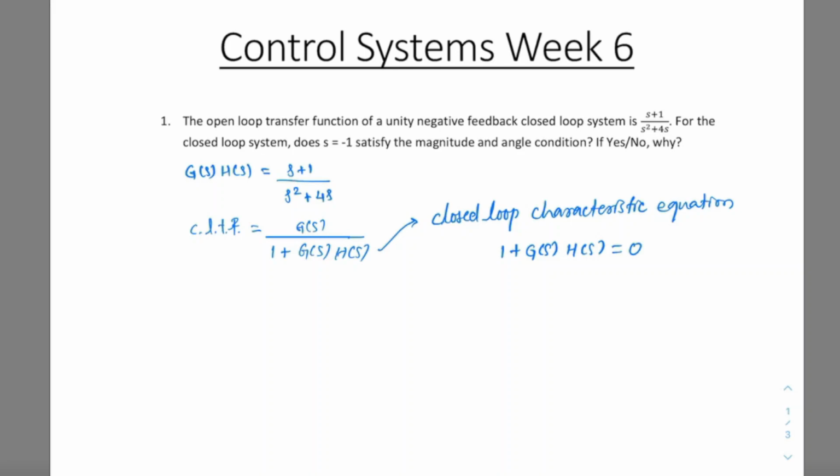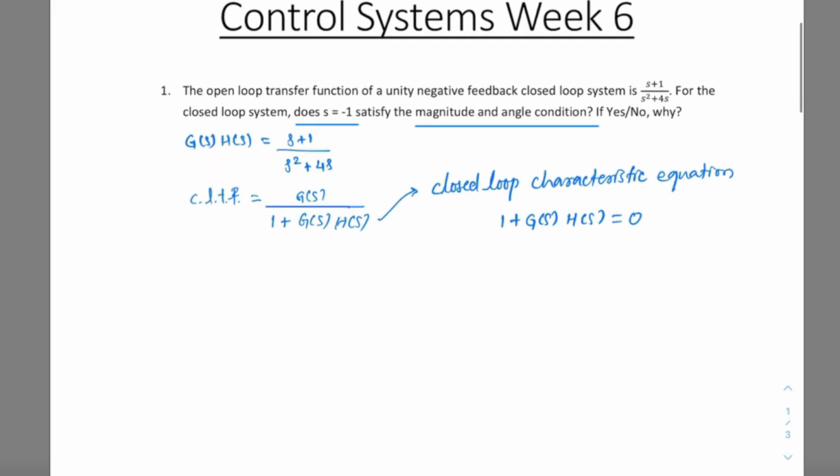For the closed loop system, we are asked: does the point s equals minus 1 satisfy the magnitude and angle condition? Let us see what these magnitude and angle conditions are. They are obtained from this closed loop characteristic equation. If we take the 1 to the other side, we get the characteristic equation as g of s h of s is equal to minus 1.